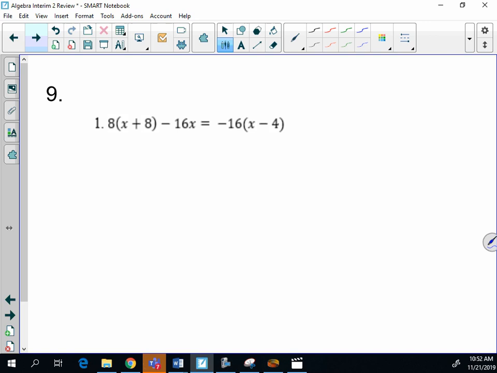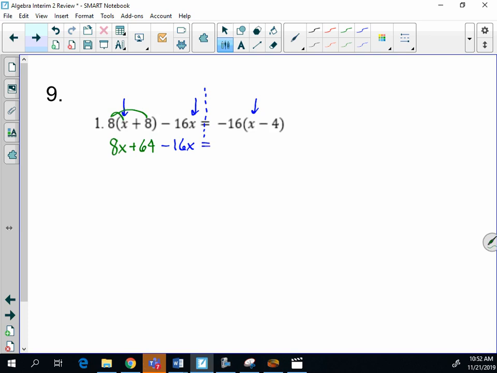All right, let's see what we have here. Our x is here and here and here. So I'm looking at my two sides of the equal sign and figuring out what to do. On this side on the left, we need to distribute 8x plus 64, and I still have minus 16x.